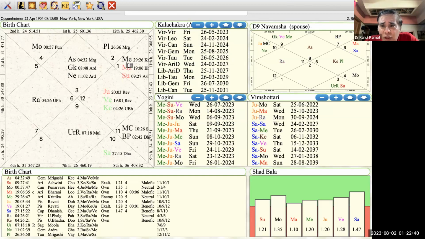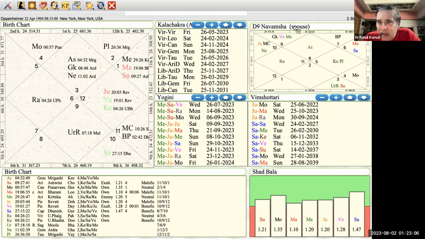Now Mercury's nakshatra dispositor is Sun, because Mercury is in Kritika, and Kritika's planetary lord is Sun. So you see Sun is exalted here. Sun is exalted in Aries in the 11th house. So that's an extremely good position. Okay, we will discuss Sun a little later, but first we'll complete planet by planet. So we are at the moment focused on Mercury.